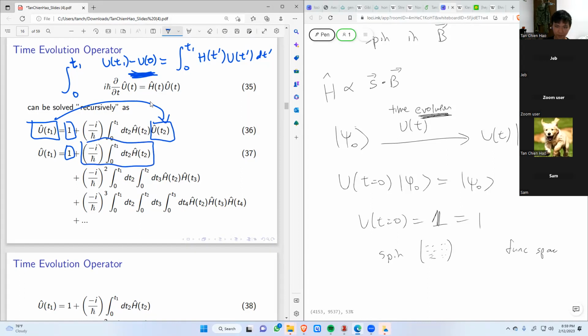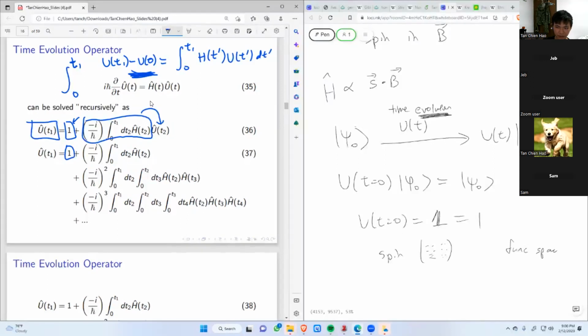This term comes from the 1 multiplied by this over here. Then there are other terms. So now I substitute this guy over here back into itself.